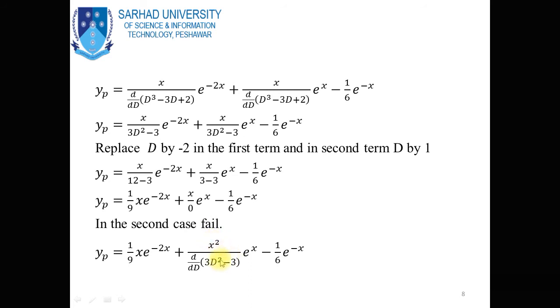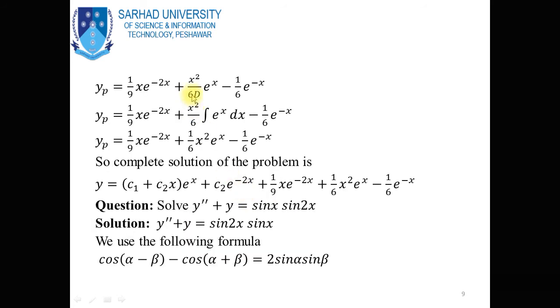Now replace this D by 1 after taking the derivative. You see over here 6D, and now replace D by 1. We obtain 6. So 1 over 9 x into e power minus 2x, and x square divided by 6 after replacing D by 1.